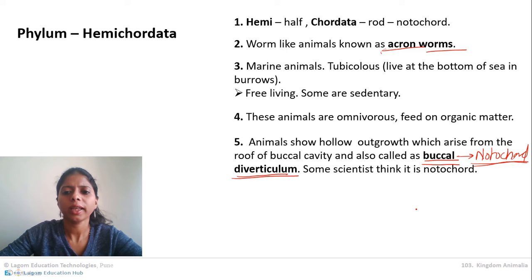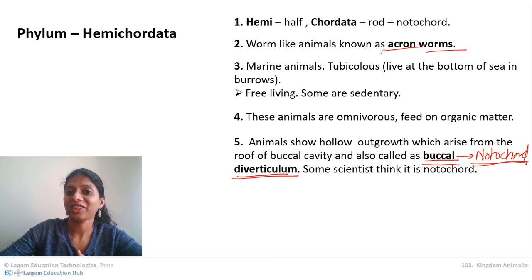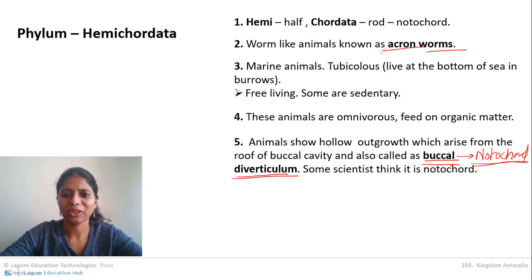So scientists thought it must be notochord, and initially they included it in the chordates, but afterward this buccal diverticulum was proved not to be a notochord. So it is a notochord-like structure, but not exactly the notochord. So they removed it from the chordates and brought it into non-chordates again.